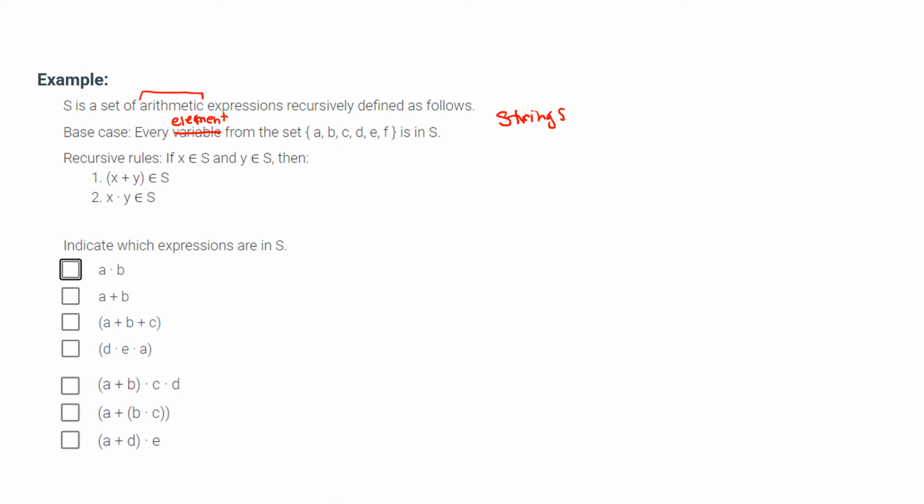Then recursive rules. If we have two elements that are already in S, then here's what we can do. I'm going to start with the second one. We can put a dot between them. I'm going to use the word concatenate.